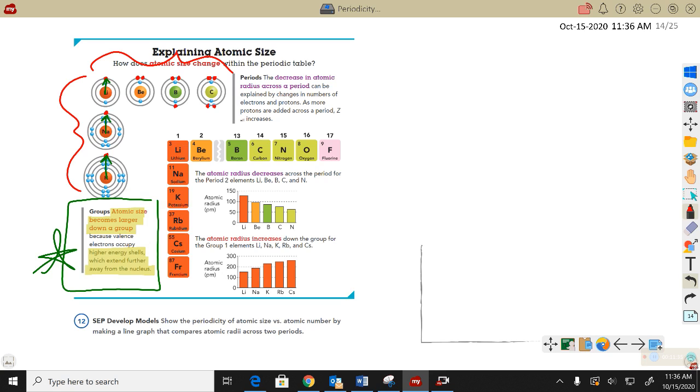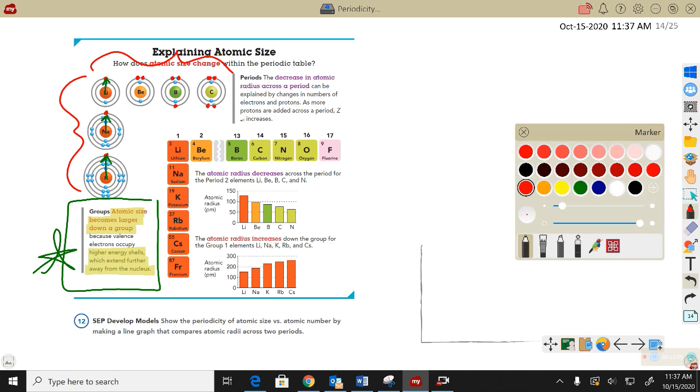My bigger concern is going to be protons. When the general distance between the nucleus and the outer energy level is the same, because all the electrons are going in the same energy level, now we look at protons. We change our focus to the magnitude of the charge.